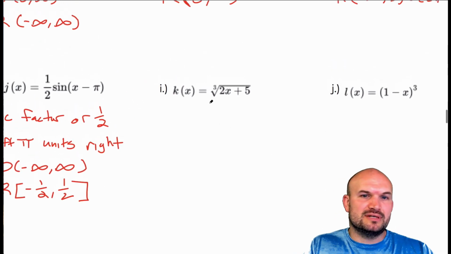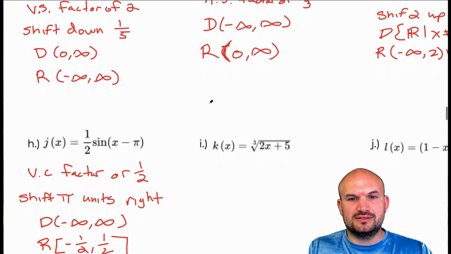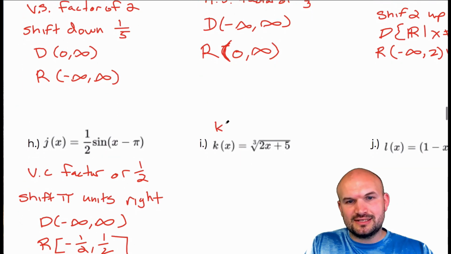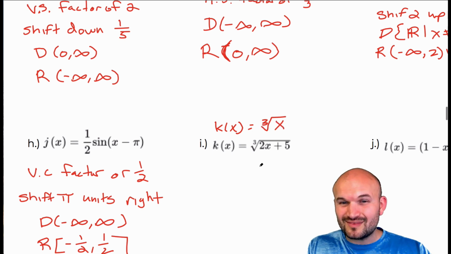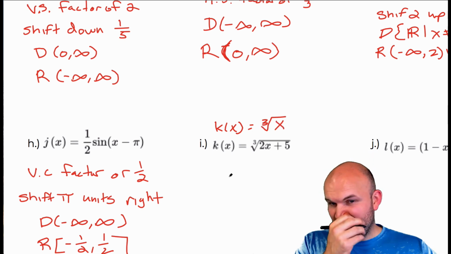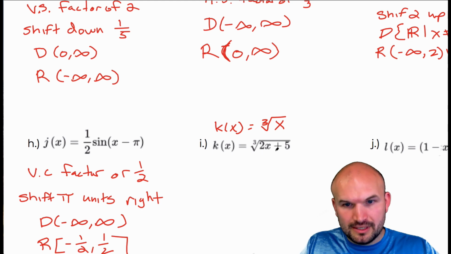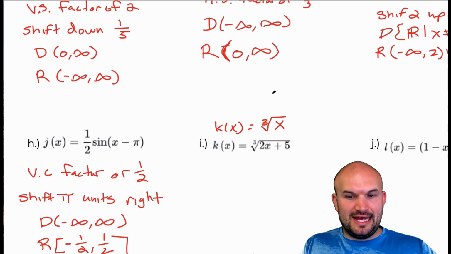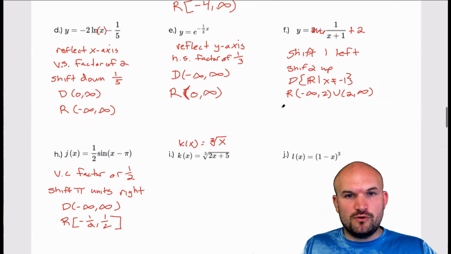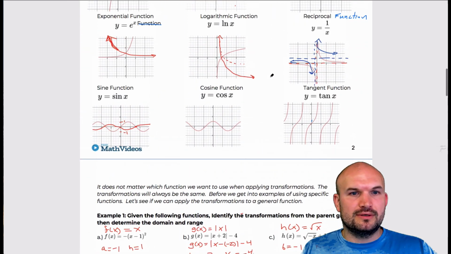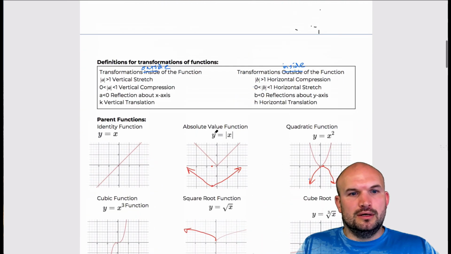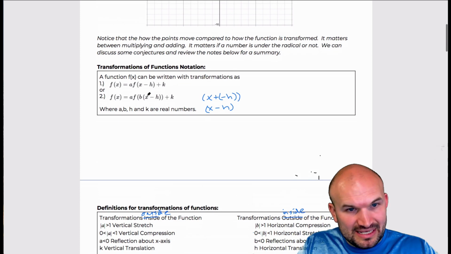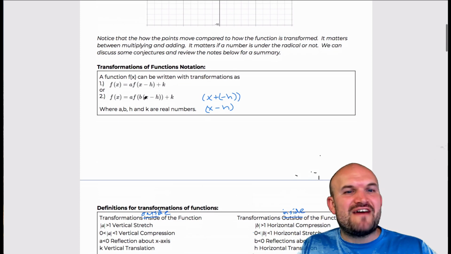So I guess I kind of stopped writing what the functions were, didn't I? So this one is k of x equals the cube root of x. Now this one gets tricky because you can see that we have a b and we have an h. And if you remember this formula that we provided, when I have a b and an h, notice how my b is factored out.